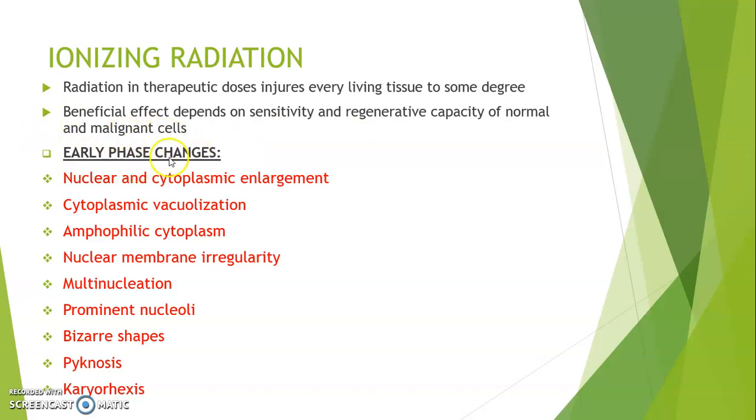Early phase changes of radiation include nuclear and cytoplasmic enlargement, cytoplasmic vacuolization, amphophilic cytoplasm, nuclear membrane irregularity. There is seen multinucleation, prominent nucleoli, bizarre shapes, pyknosis, and karyorrhexis.